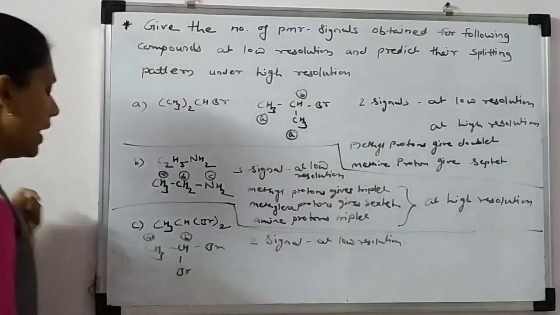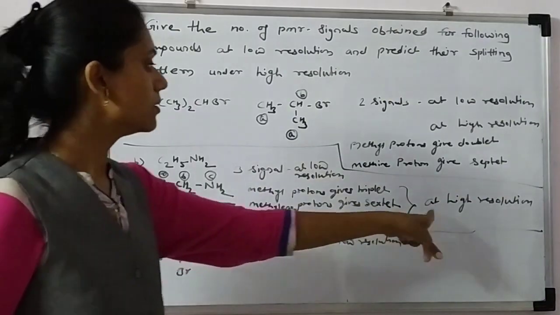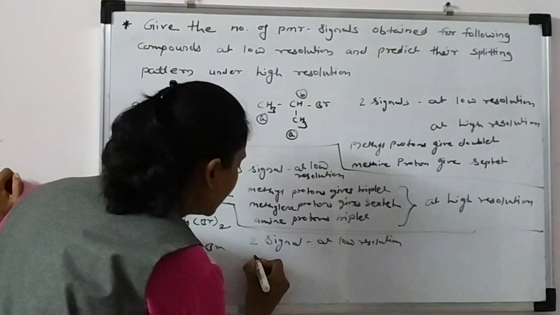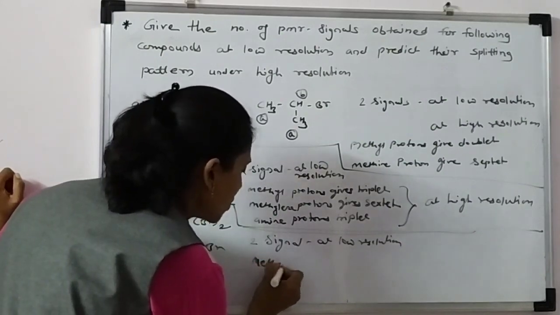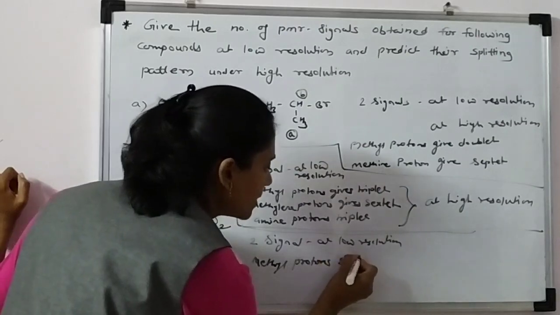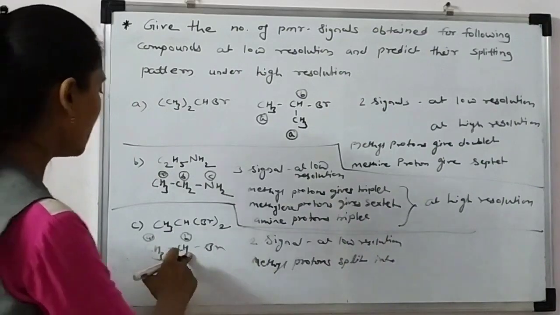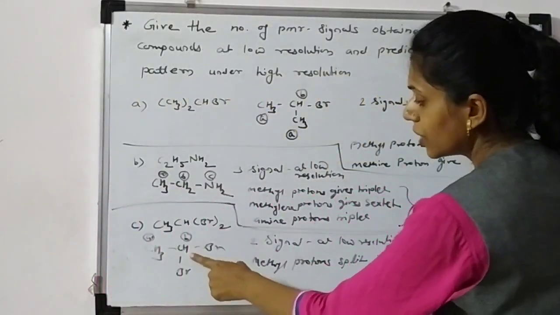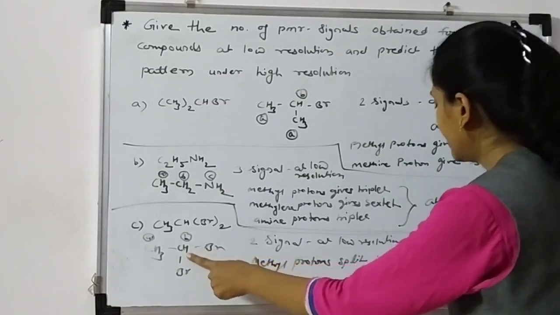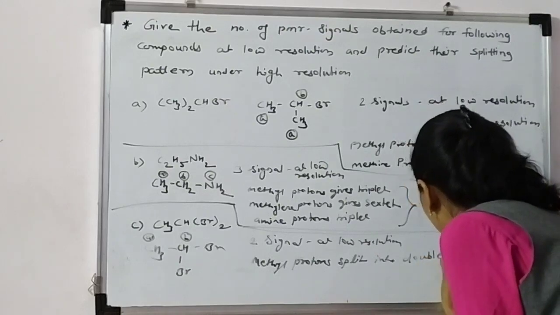And when we study the spin-spin splitting at high resolution, the methyl protons split into a doublet, since adjacent to the methyl group there is only 1 proton, of the methine, so it gives a doublet according to the n plus 1 rule.